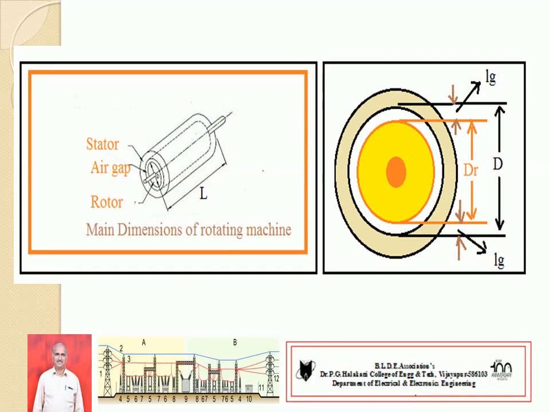LG is the length of air gap, whereas capital D is the diameter of stator bore. Dr is the diameter of rotor. Once again, capital D is the diameter of stator bore, one of the main dimensions. L is the length of stator core. These two you can observe in the figure very neatly.